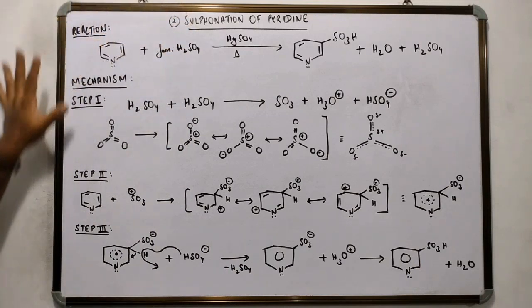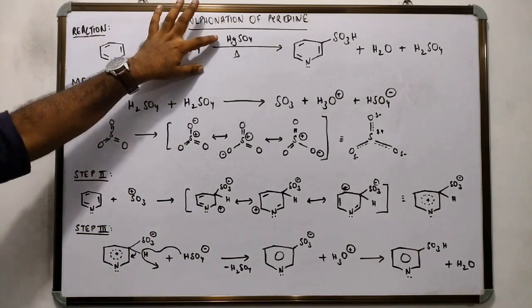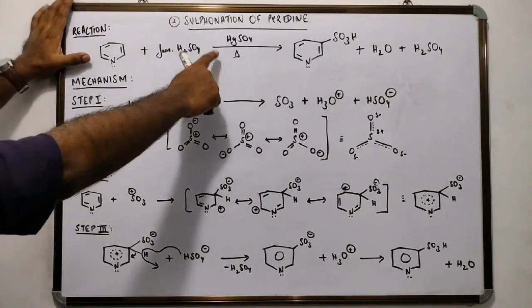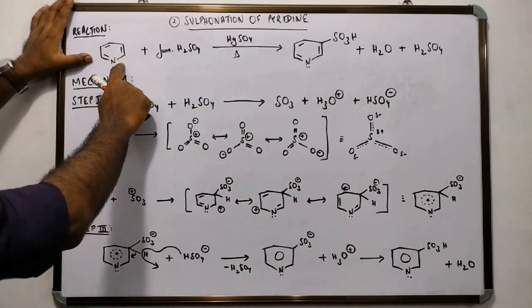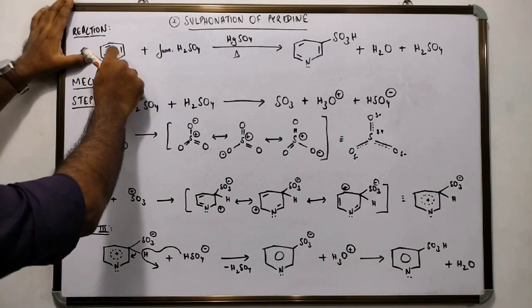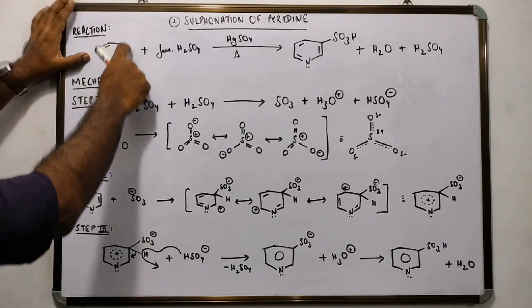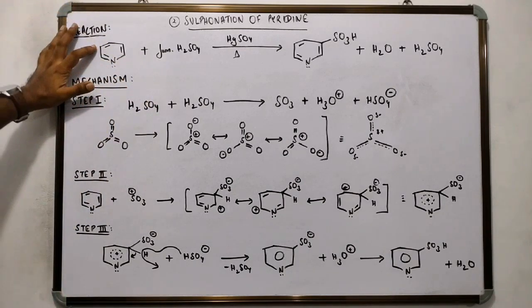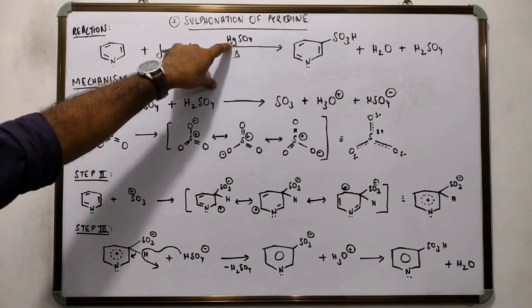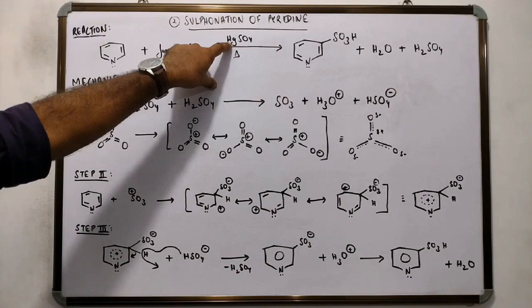In the reaction of sulfonation of pyridine, we use the catalyst mercuric sulfate. Nitrogen is electronegative. It pulls an electron pair of the pyridine ring, thus causing great electron deficiency in the pyridine ring. Mercury of the mercuric sulfate is electropositive in nature.